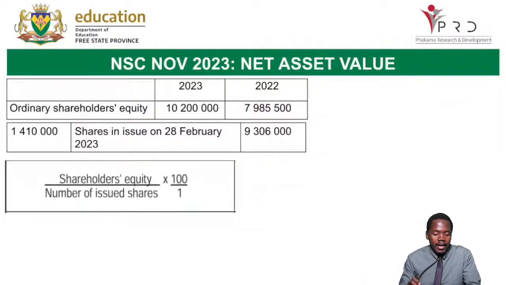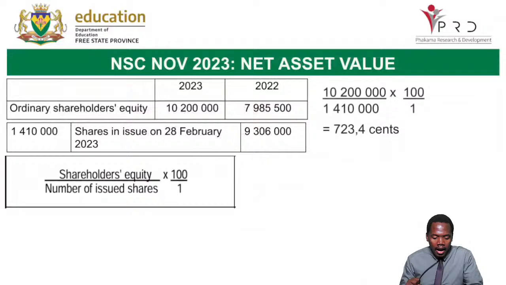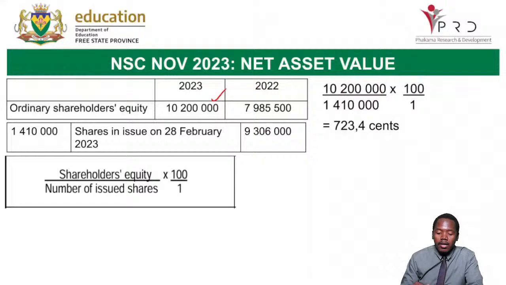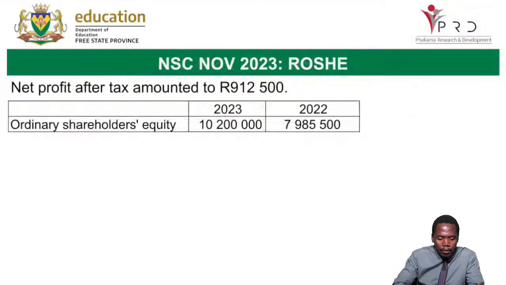How do we calculate the net asset value? We say shareholders' equity divided by the number of issued shares. Now, shareholders' equity, the amount is given for 2023. We are doing for 2023, 10,200,000 divided by the number of issued shares, 1,410,000. We have calculated that, right? And then the last one we are doing is the ROSHE.